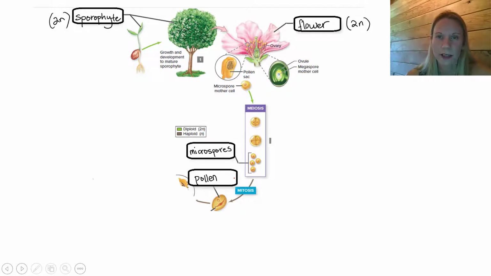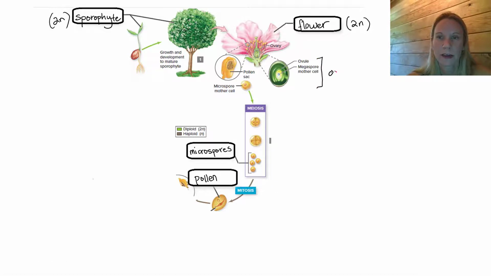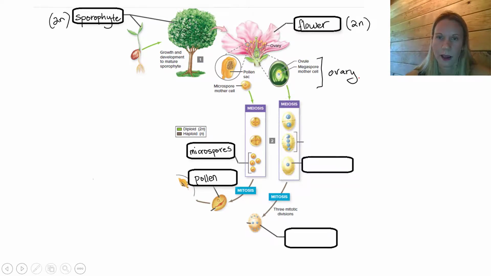All right, now let's look at the female. Remember, the female structure of the flower is called the carpel, but the structure that creates the gametophyte is called the ovary. So we're zooming in on the ovary here. And in the ovary, there's a megaspore mother cell that undergoes meiosis.